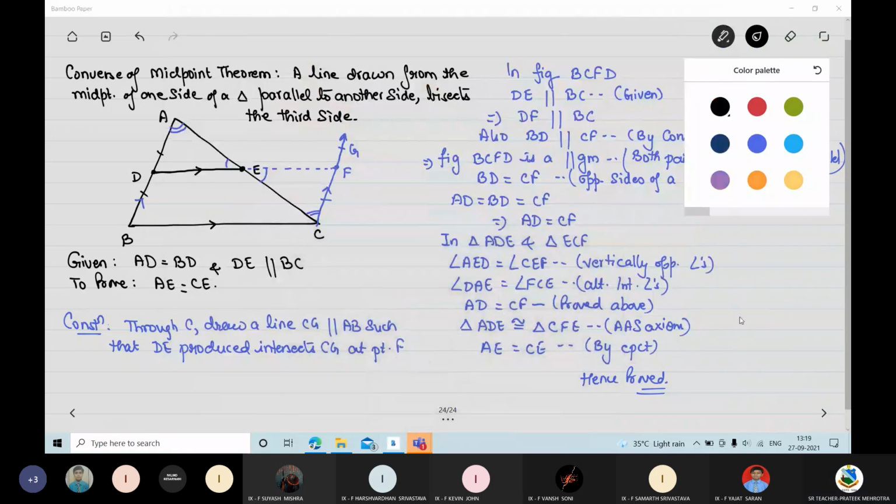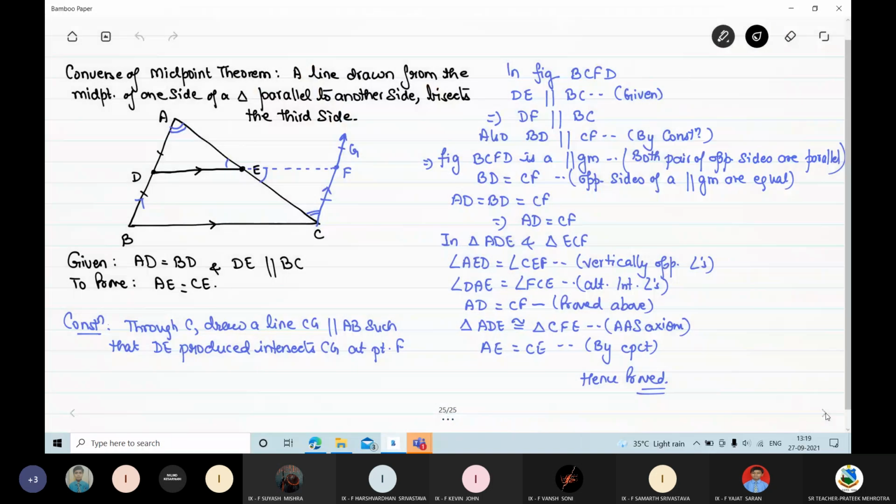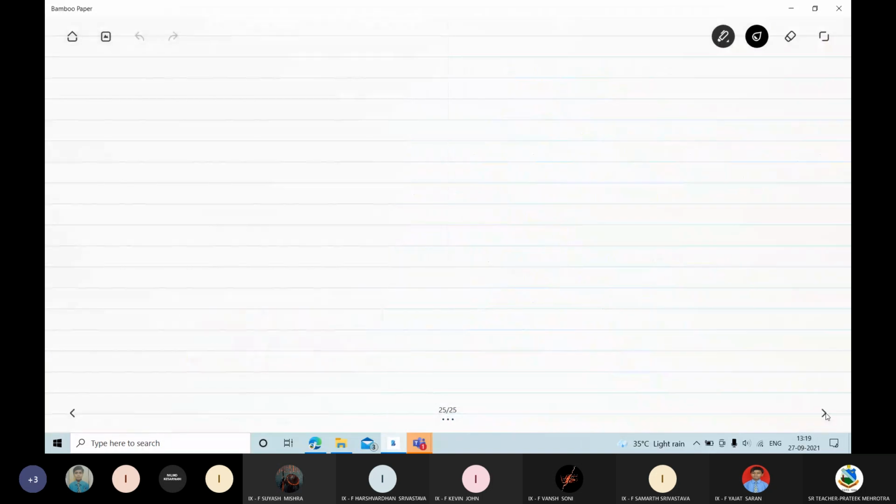Now, let's understand what we mean by intercepts. Suppose you have three or more parallel lines.